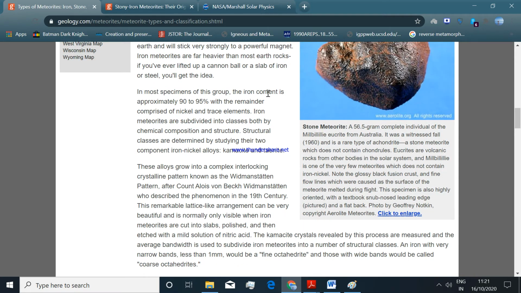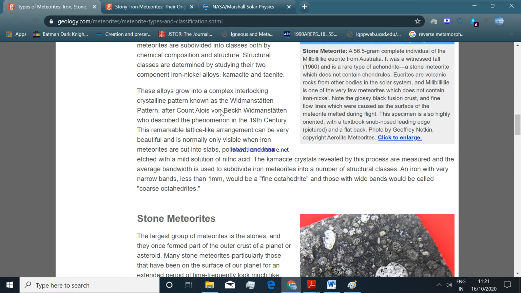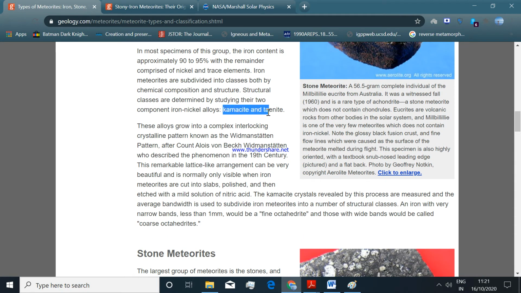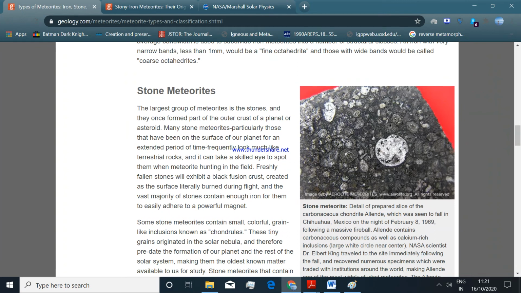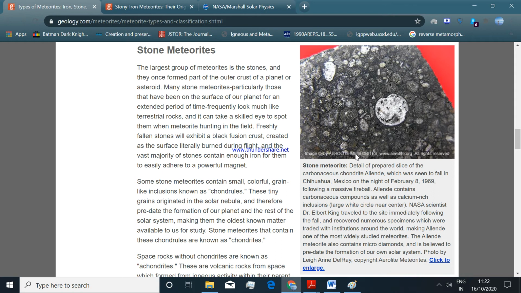In most of the iron meteorites, iron content is approximately 90 to 95%, with the remainder comprised of nickel and trace elements. Iron meteorites are subdivided into classes both by chemical composition and structure. Iron-nickel meteorites are practically known as kamacite and taenite. However, the stony meteorites do contain chondrules in them, okay, and these chondrules separate them from iron meteorites.